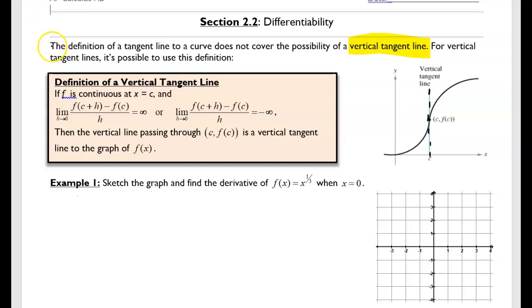One of the functions that has a vertical tangent line is x to the 1/3. Let's actually sketch out that graph and think about it. If you remember, x to the 1/3 is the cube root of x, and it looks like x cubed but on its side.